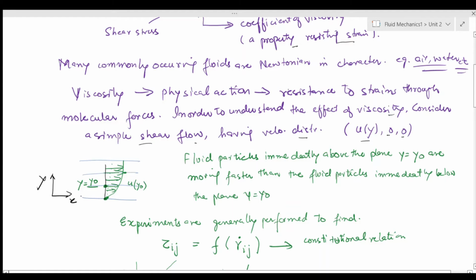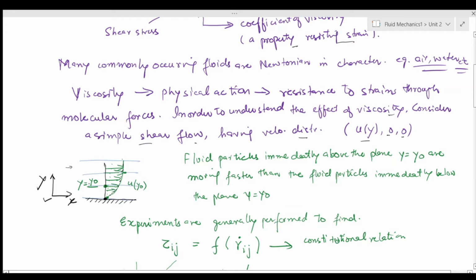So let's look at it here. I have my coordinate axis, x direction and y direction. Along x direction I am having flow. It's a unidirectional flow. From the bottom, where my velocity would be 0, it would go on increasing.